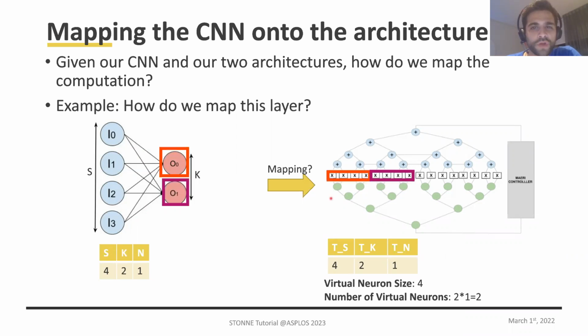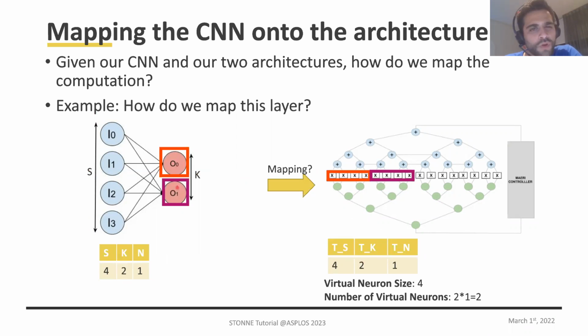Well, we can do this. We can actually map the 2 outputs. We have enough multipliers, right? So here our TS is 4, basically, because we map the whole computation of one output at the same time. So TS is 4. We are mapping everything at the same time. And TK is 2.